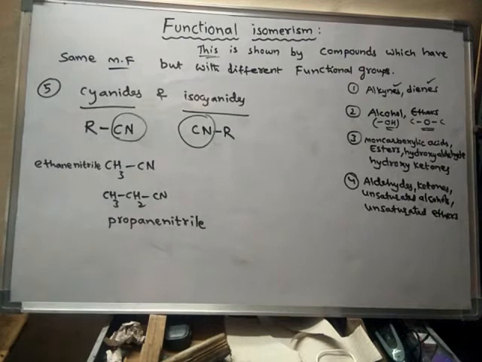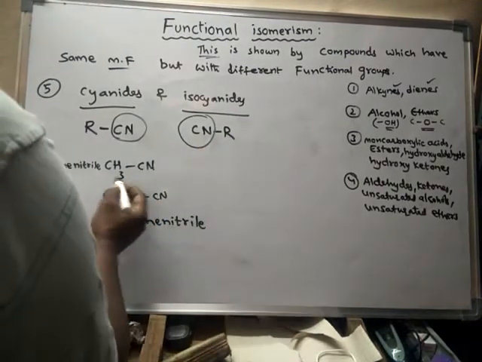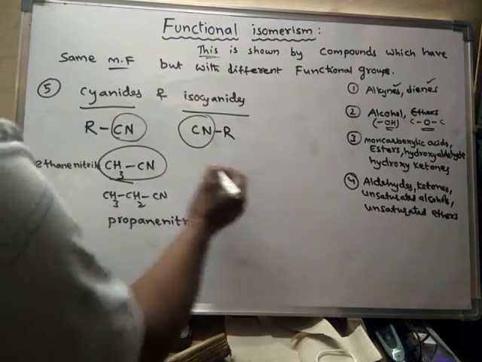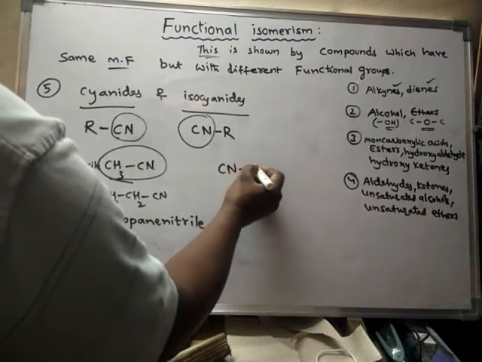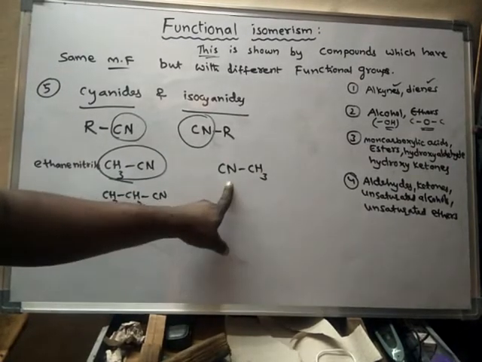Okay, right. So what is this one then? With the same molecular formula, if I write differently like this, CH3NC, this is called methyl isocyanide.